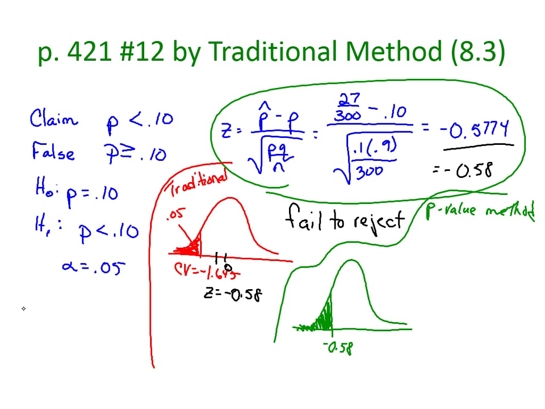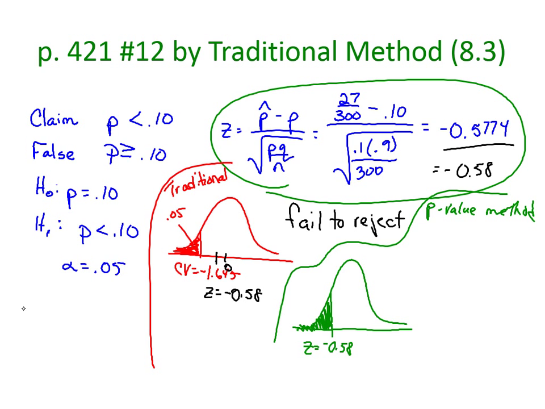Well, the probability that I have a z-score that's less than negative 0.58 means I'm looking at my table. So I'm back to looking at my z-scores on my table, and we're doing the negative z-scores. Because it's a z-score, we're looking down this left column to get to the negative 0.5.